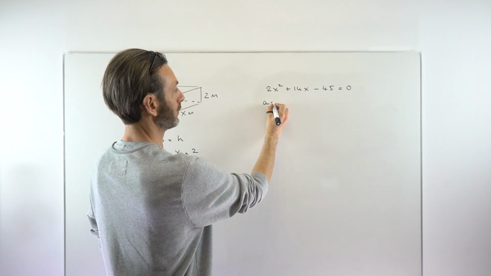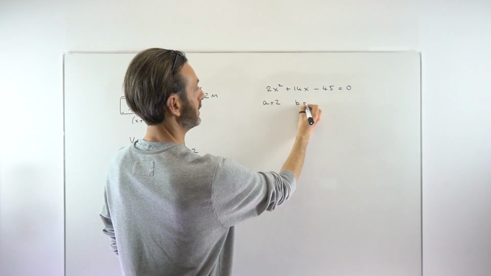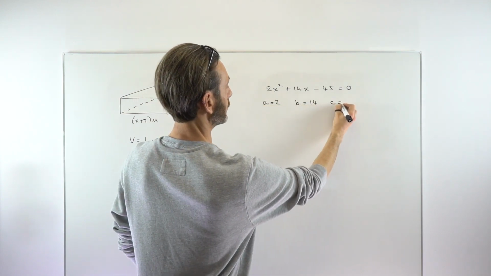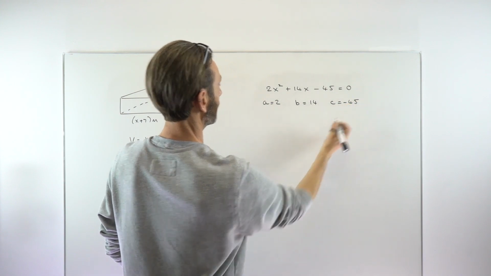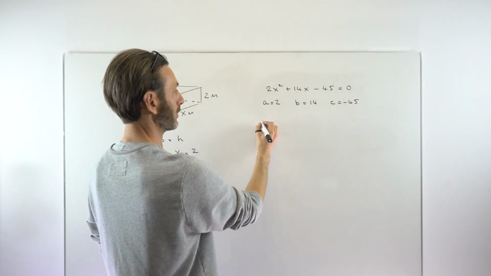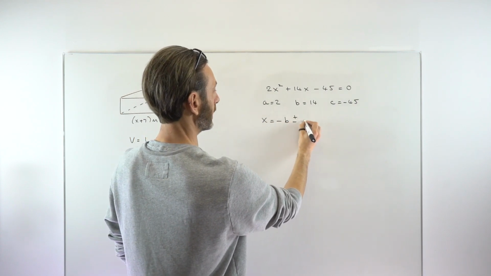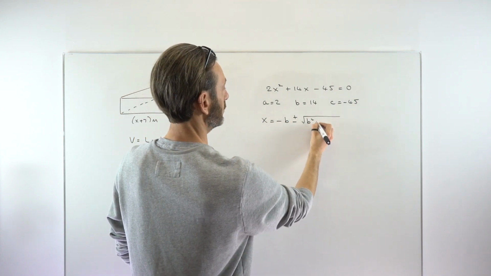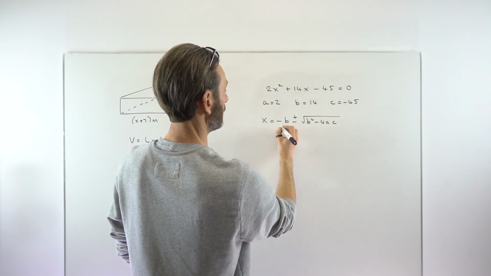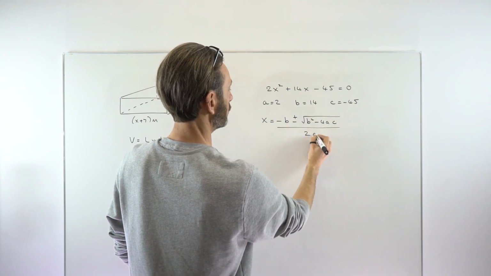So the a value for the quadratic formula is 2, the b value is 14, the c value is negative 45. Make sure you get the negative. Plugging that into the formula, remember the formula is x equals minus b plus or minus the square root of b squared minus 4ac, and then all of that divided by 2a.